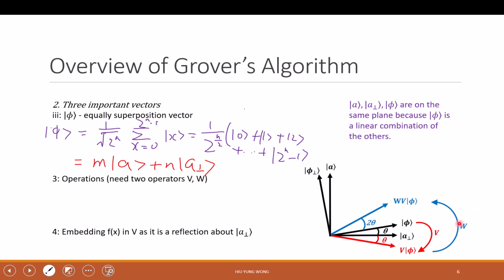You cannot embed it in W because you're flipping about phi. Phi has nothing to do with A. Phi is a superposition of everything. But if you embed it in V, then you will let it flip about A perpendicular, and eventually you will find A. So maybe a little bit confusing now, but that is the idea of the algorithm.